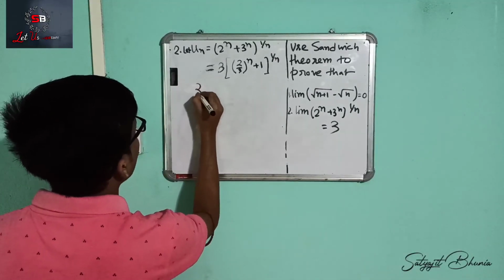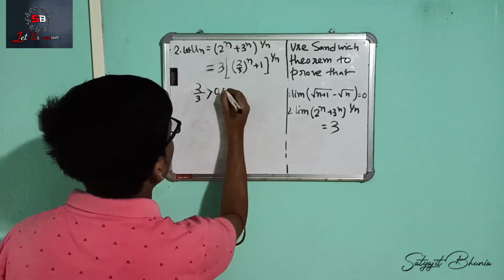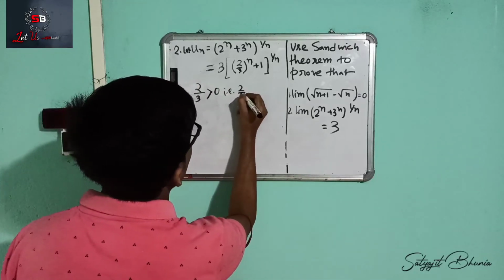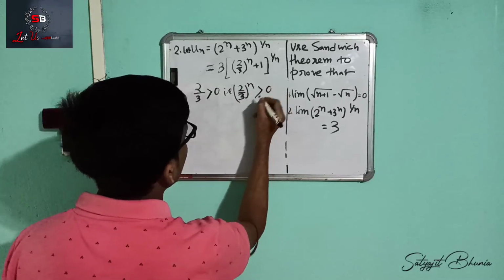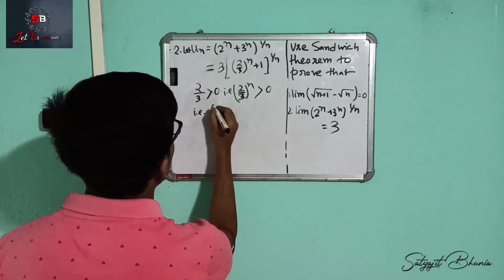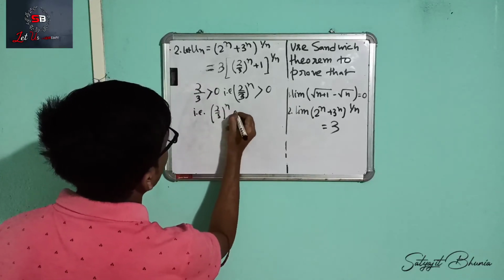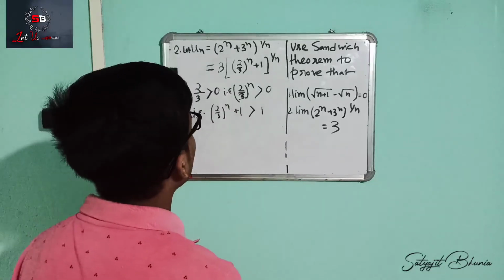Again we have 2 by 3 is greater than 0, that is 2 by 3 whole to the power n is also greater than 0, that is 2 by 3 whole to the power n plus 1 is also greater than 1.